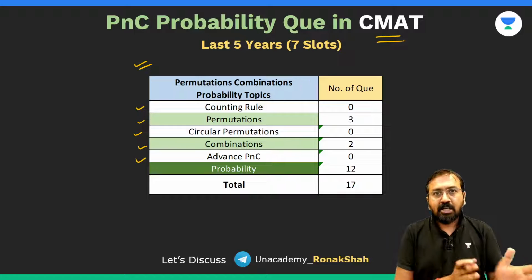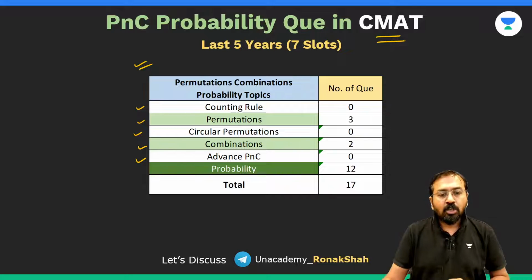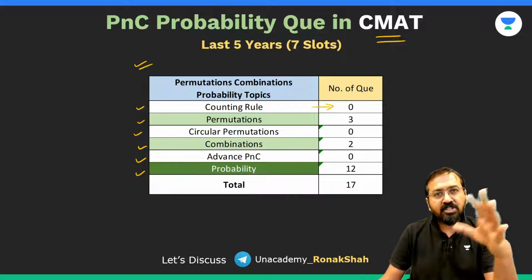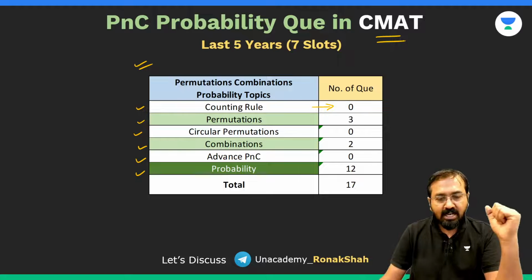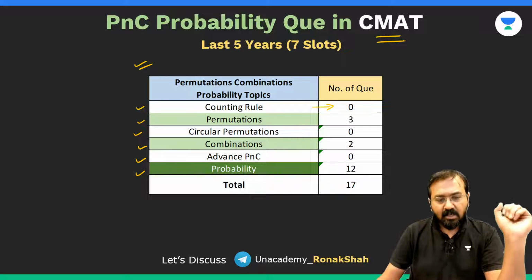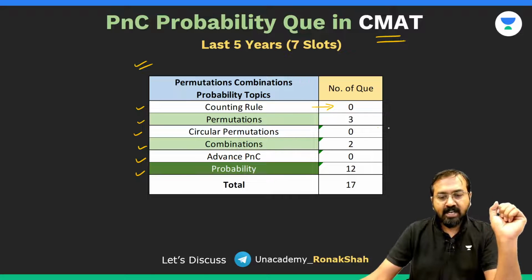We discuss partitioning methods, distribution concepts and all. So all those are part of advanced PNC, and then probability. Now if you observe, there are no questions based on counting principle, particularly forming numbers which are divisible by 5 and all those kinds of questions. No such variety has come in the last 5 years at least, but still we'll cover a few questions based on that.